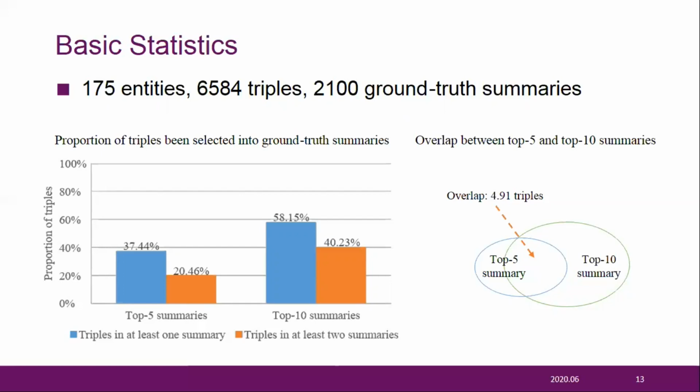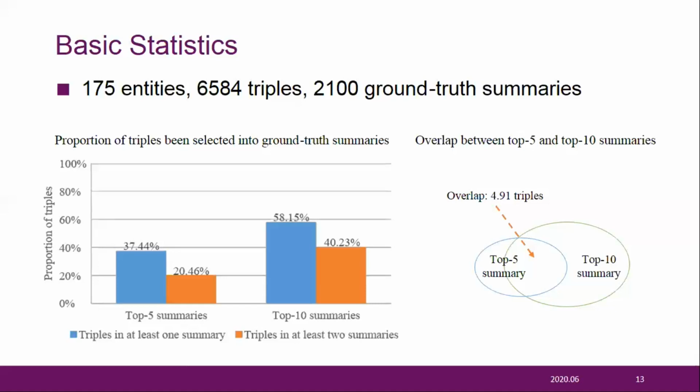Among all the triples in the anti-descriptions, 37.44% of them are selected into at least one top 5 summary. However, many of them are selected only by a single user. 20.46% are selected by different users into top 5 summaries.